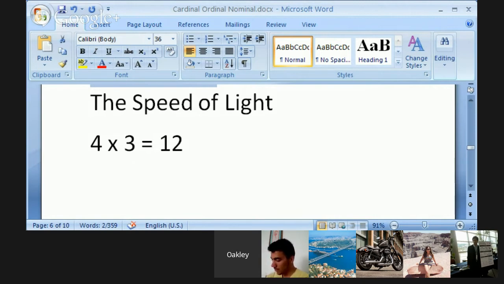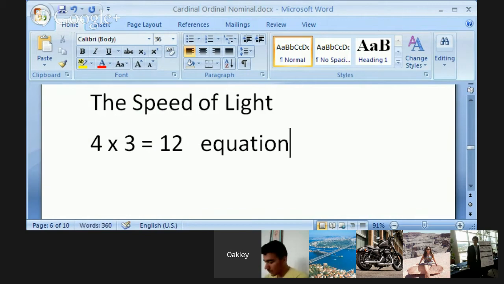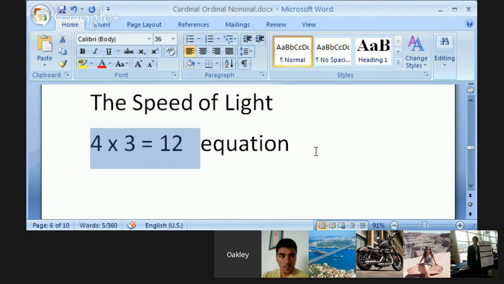Well, Ismail, I might as well let you have a go. Ismail, how would I say this equation? And by the way, it's in English. We call this an equation or a mathematical equation. How would I describe this equation? 4 times 3 equal 12. Very good. 4 multiply with 3. Okay, that's right.